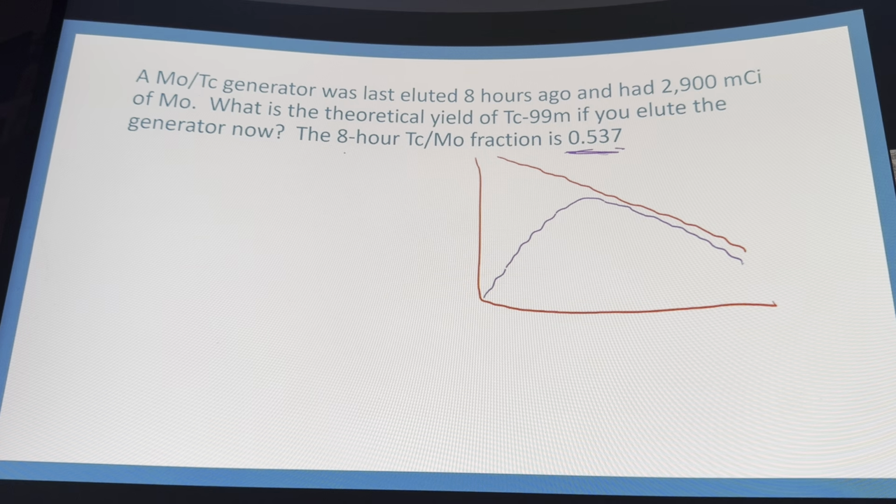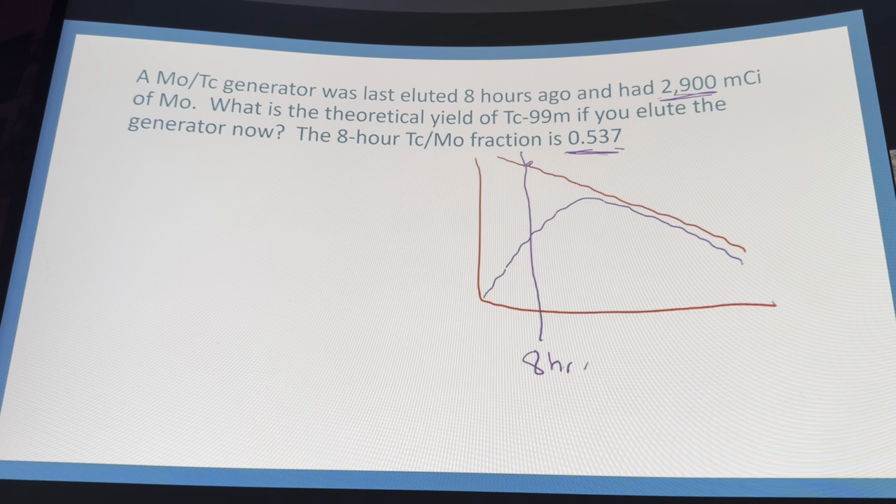This particular problem says we eluted the generator 8 hours ago, and at that time it had 2,900 millicuries of moly. So we're about right here at 8 hours. First, we're going to calculate this point. How much moly is there? We have 2,900 millicuries 8 hours ago, so we're going to decay. 2,900 e to negative 0.693.